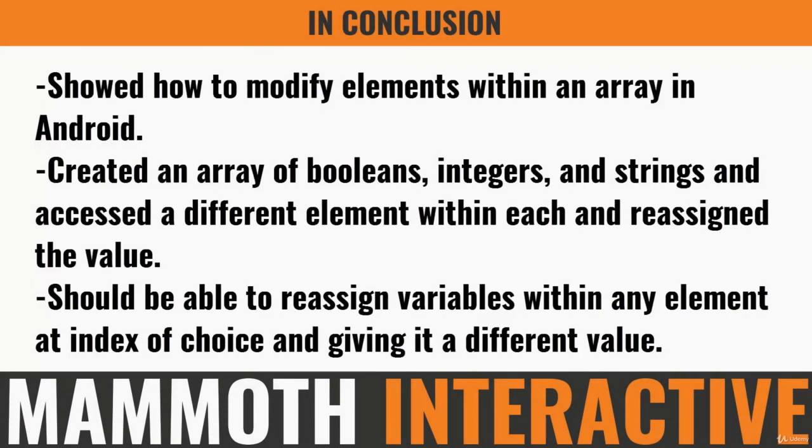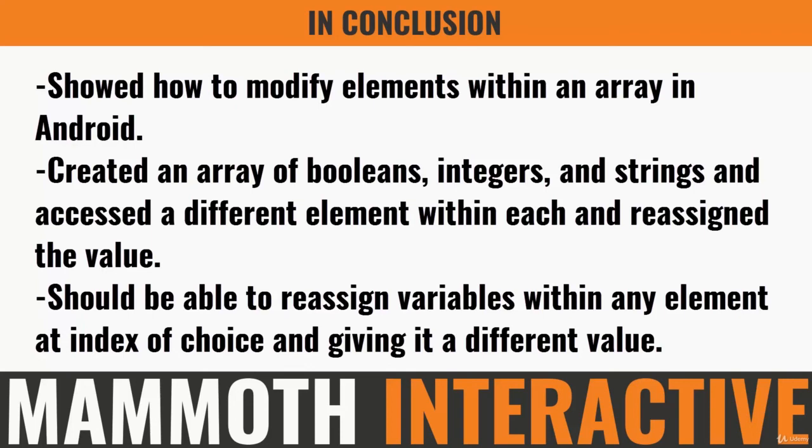So in this part of our arrays tutorial, I showed you how to access and modify certain elements within an array. We used Android to do it. So we started off by creating an array of booleans, integers, and strings. And within each, we accessed a different element and then reassigned the value. So it's a two-step process.